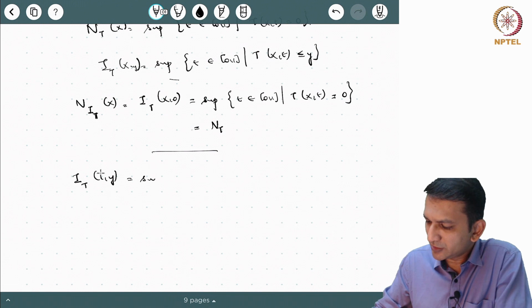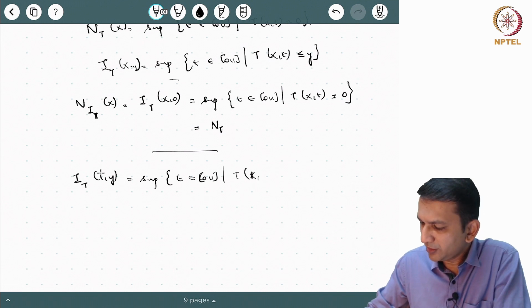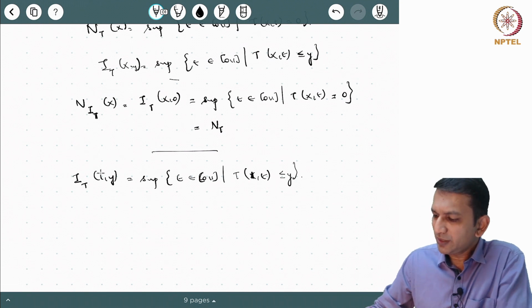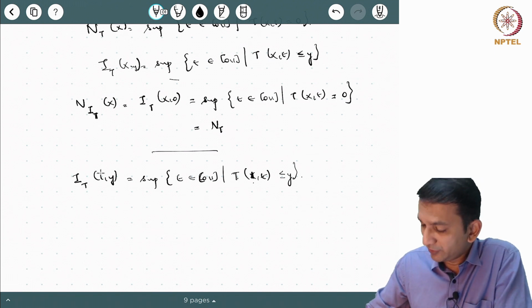So you will see it is nothing but the supremum of t element of [0, 1] such that T(1, t) is less than or equal to y. We know that 1 is the neutral element of a T norm. That means if you want this to be less than or equal to y, the maximum value, the supremum that t can attain is in fact y, which means this is equal to y.